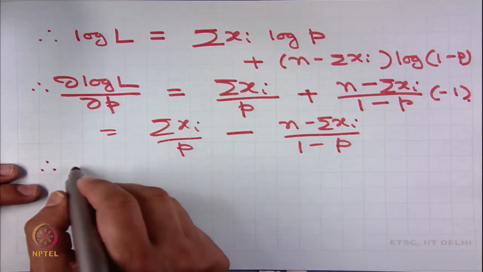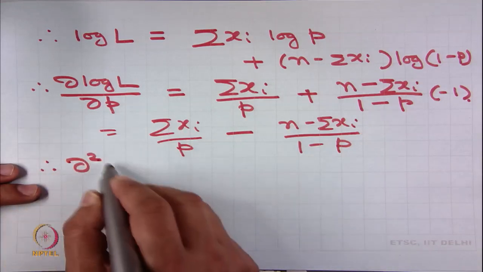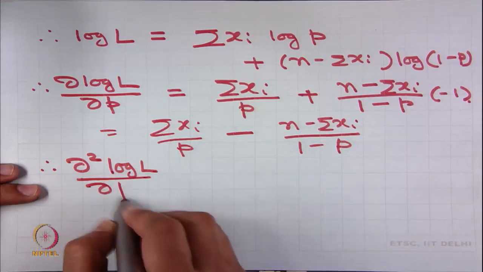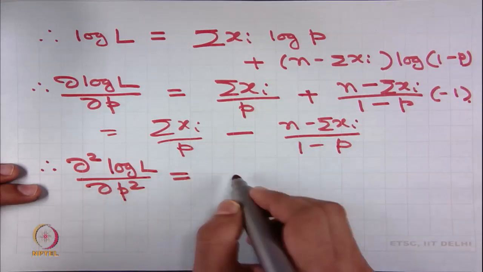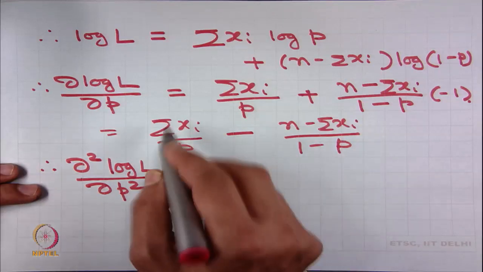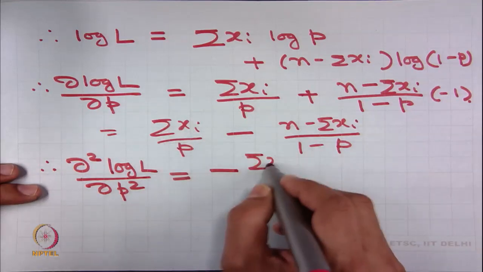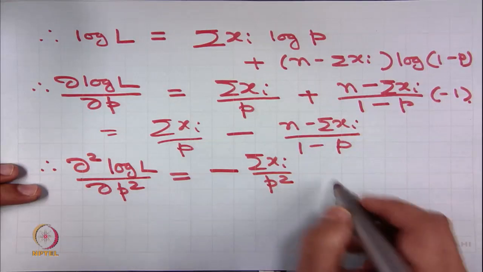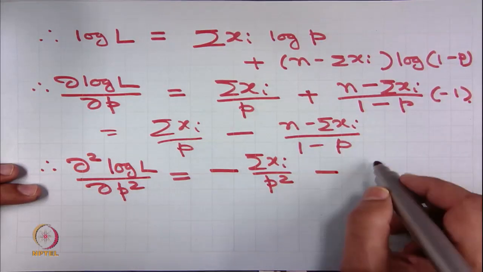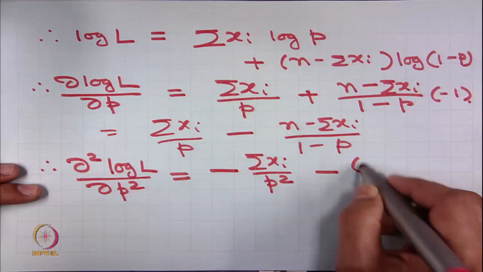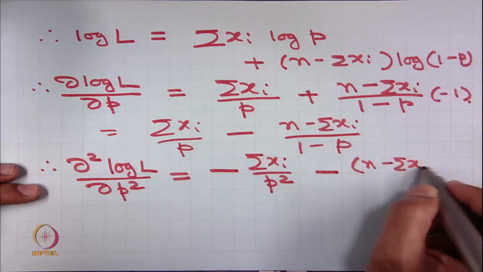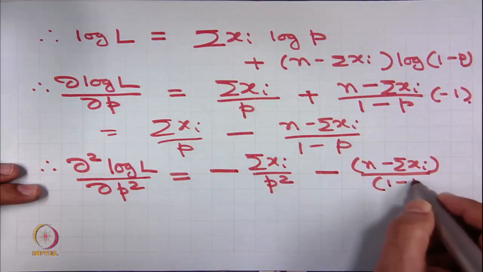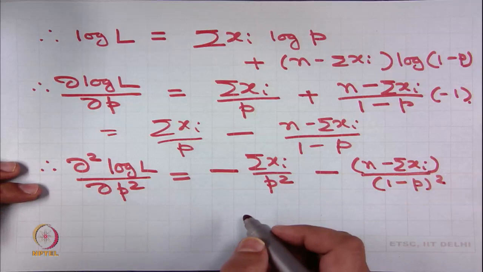Therefore, del 2 log L del p square is equal to minus sigma x i upon p square minus n minus sigma x i upon 1 minus p whole square.